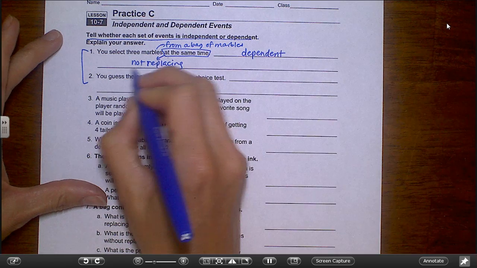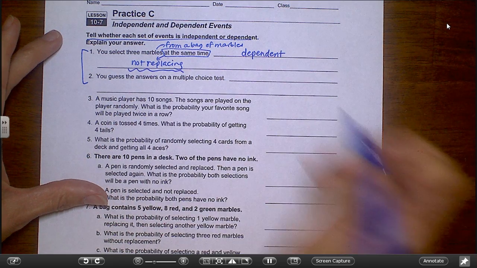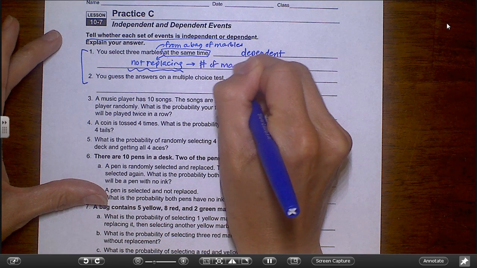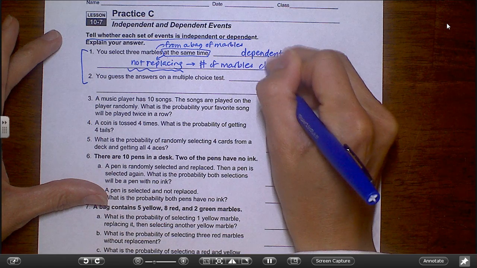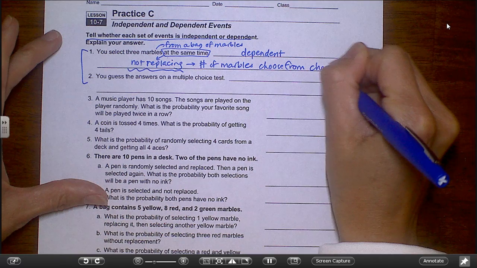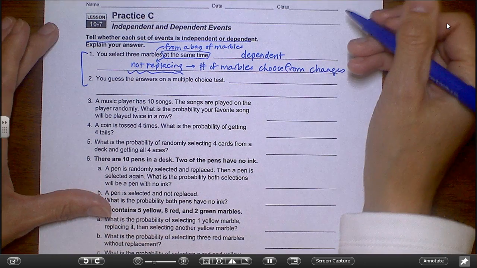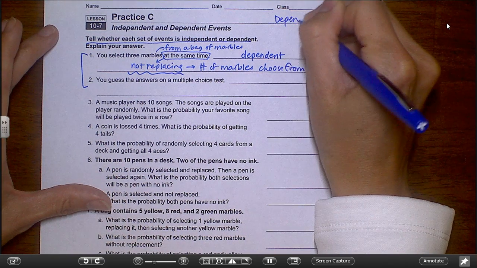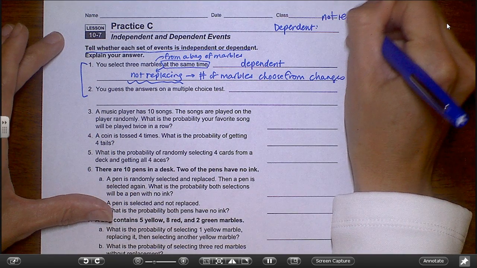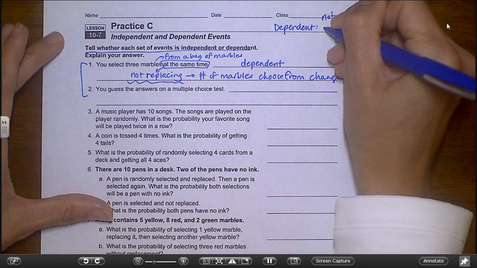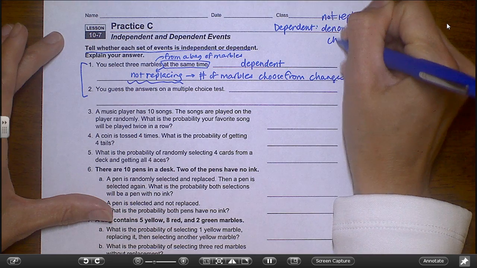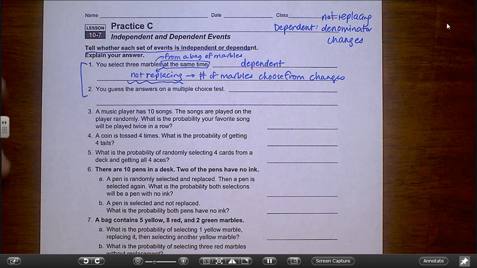And the explanation could just simply be you're not replacing, but it could also be that the number of marbles to choose from every time changes. And that's a good indicator too of dependent events. So dependent events, remember, we either have not replacing, but also if you're looking at it mathematically, usually your denominator changes. Sometimes your numerator changes as well.